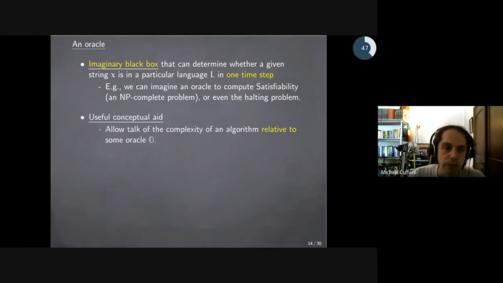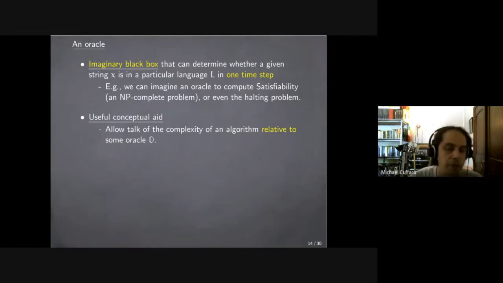So why do we do this? Well, it's because it's conceptually very useful, because it allows us to talk about the complexity of an algorithm relative to that oracle. And why would we want to do that? Well, it's often useful to abstract away from the implementational details of something when you're constructing something, for instance.